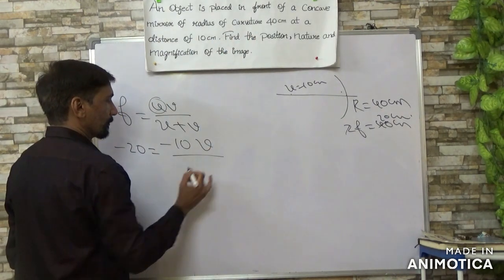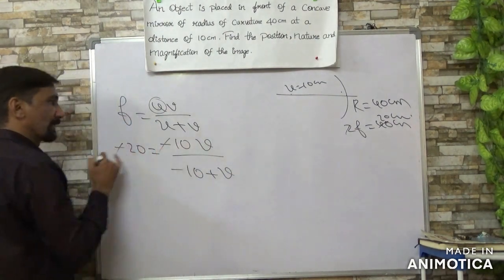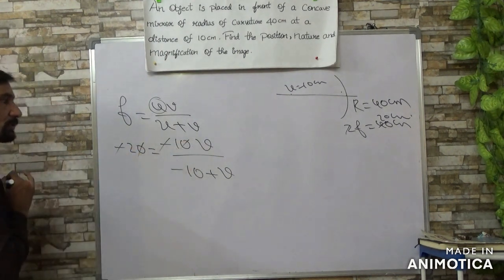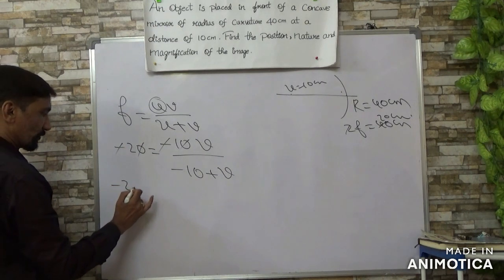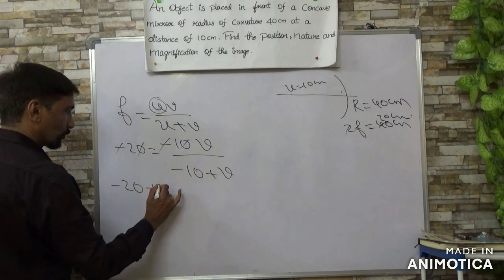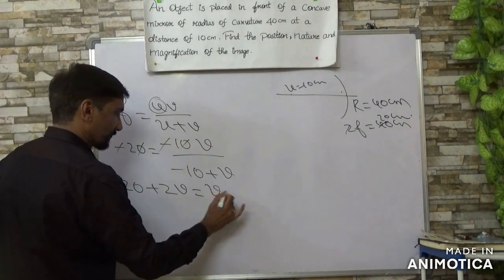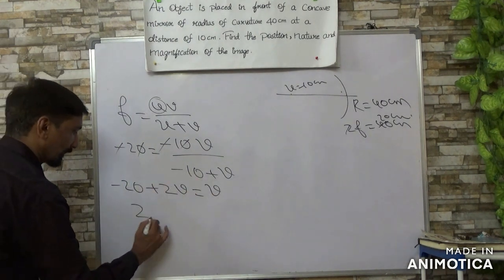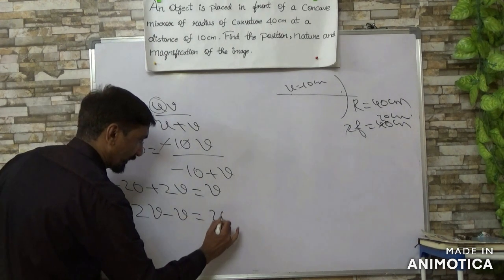So minus 20 equals minus 10 times v by minus 10 plus v. Minus minus cancelled, zeros also cancelled. So minus 20 plus 2v equal to v. Take this to the other side, so 2v minus v is 20.